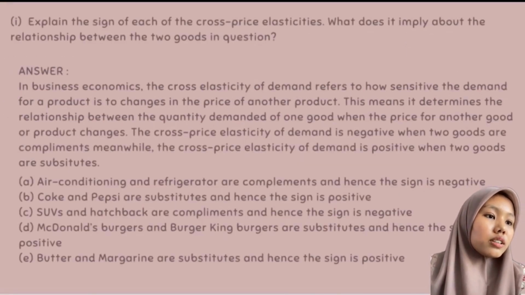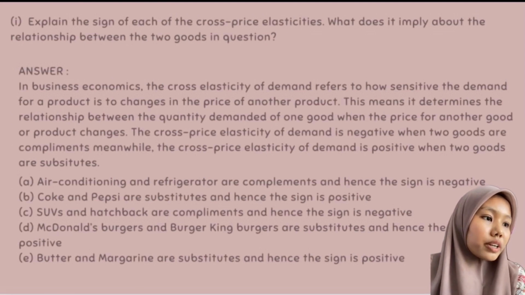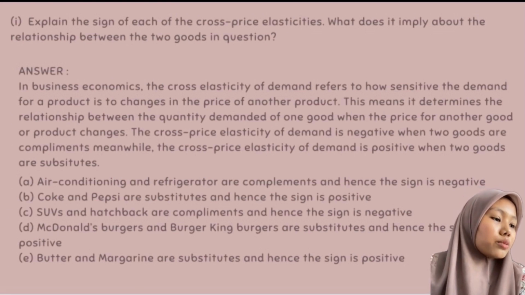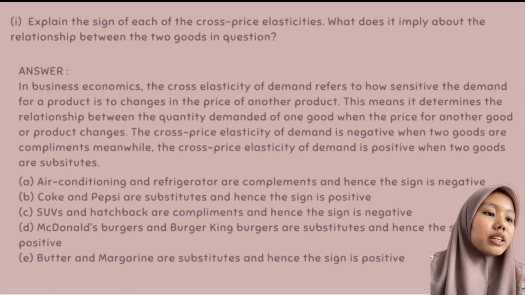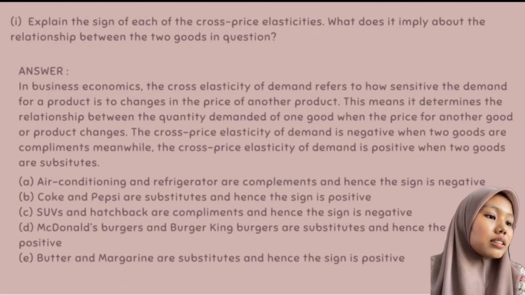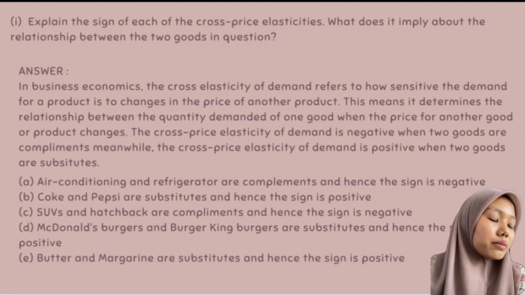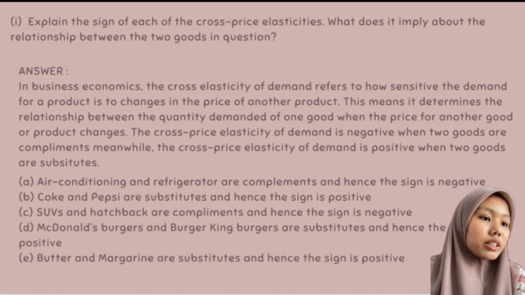Now the first question is: explain the sign of each of the cross price elasticities and what does it imply about the relationship between the two goods in question. And the answer is, in business economics, the cross elasticity of demand refers to how sensitive the demand for a product is to changes in the price of another product.